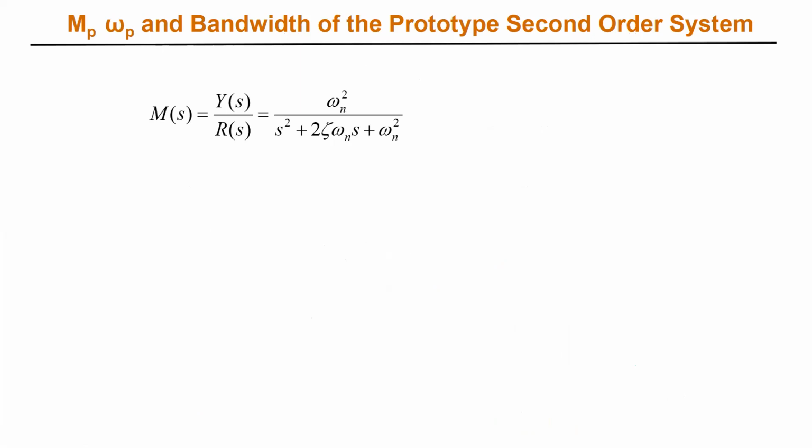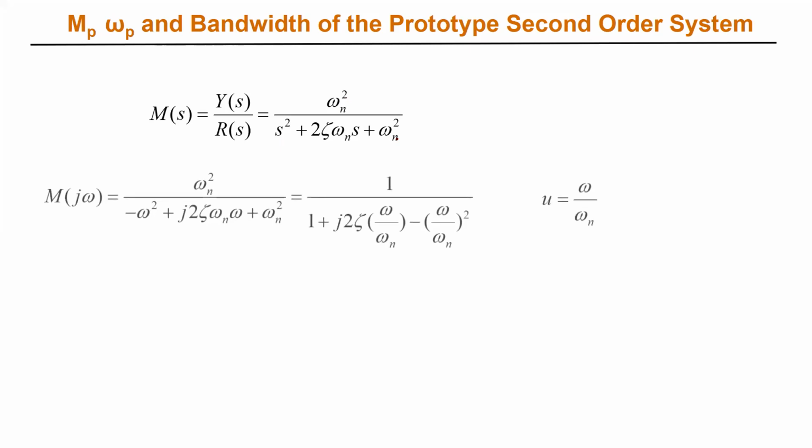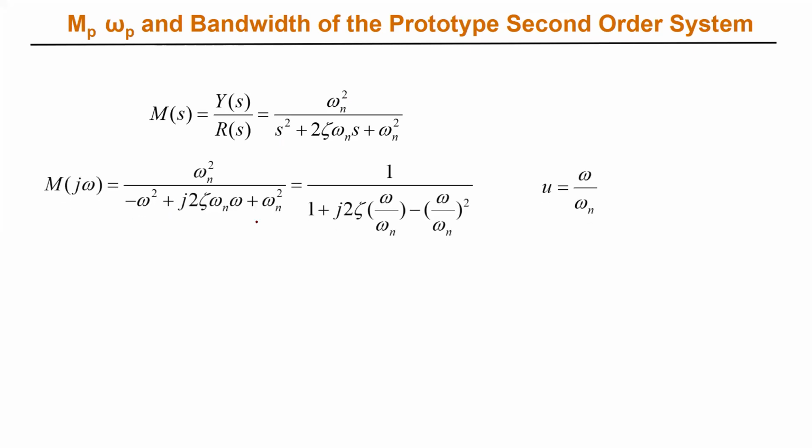Look, take M of s equal omega n squared over this quantity. Then let's substitute and divide by omega n. So tell me, what will be the magnitude?